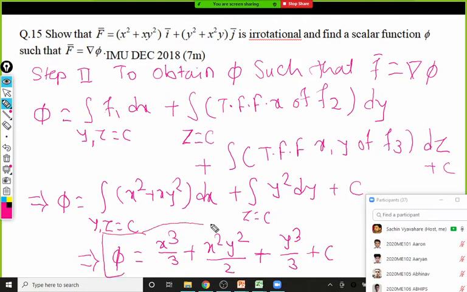We got a function phi whose gradient is the given vector f bar. Now you can cross check. You have to calculate del phi here. If you calculate the gradient of this function, you get the vector f bar. That means dou phi by dou x i plus dou phi by dou y j will be the vector f bar. You can cross check also if you want.